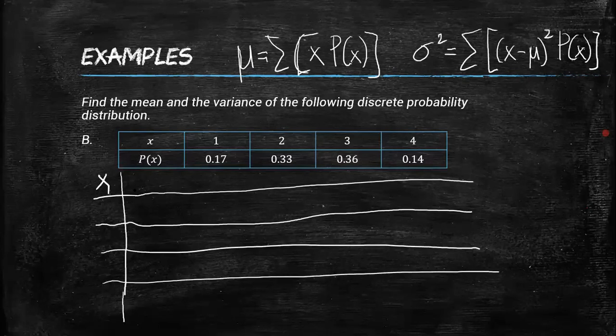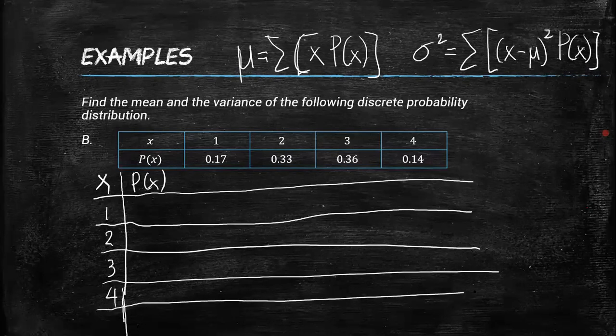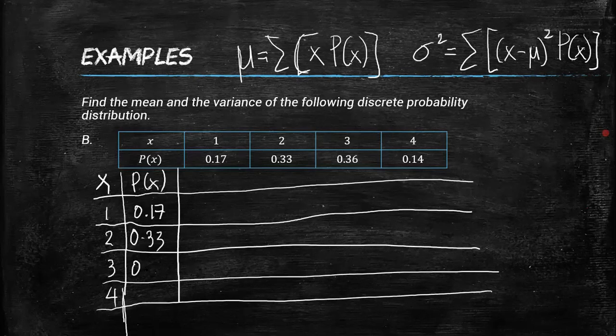Okay. So we have x times p of x. 1, 2, 3, 4, right? Okay. And then, so put all the probabilities, 0.17, 0.33, 0.36, and 0.14.